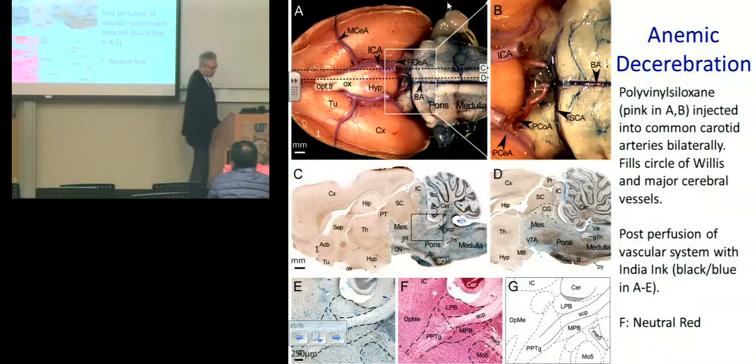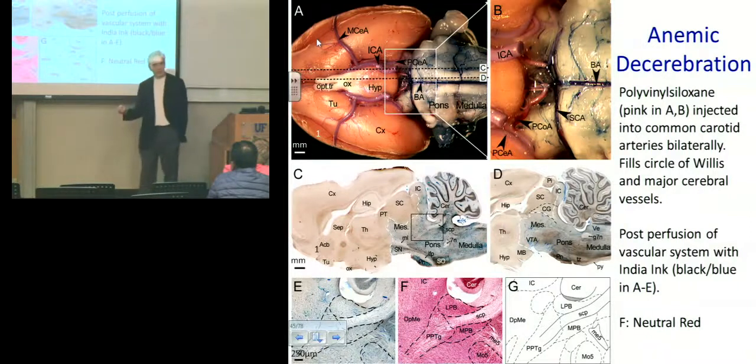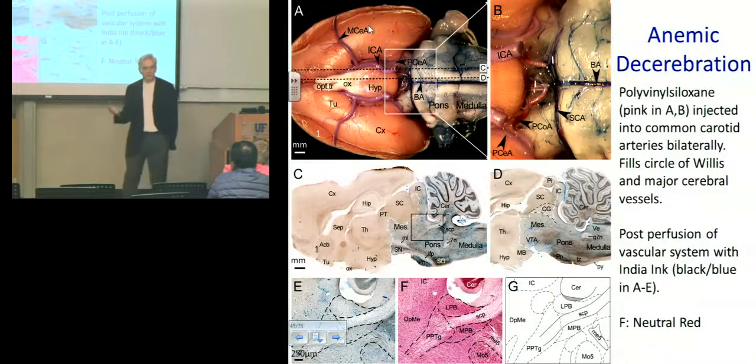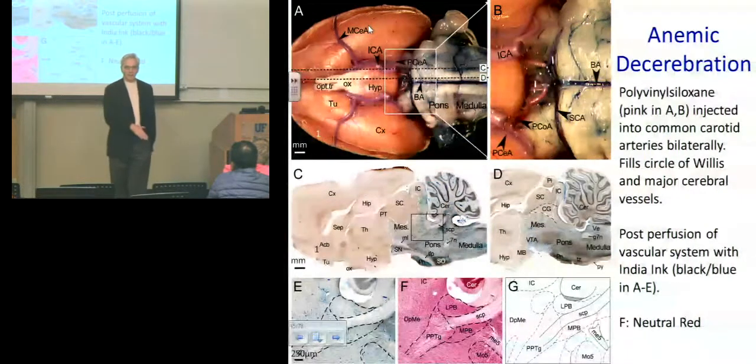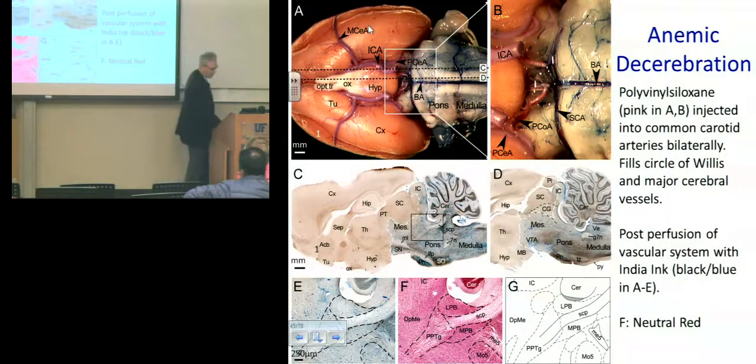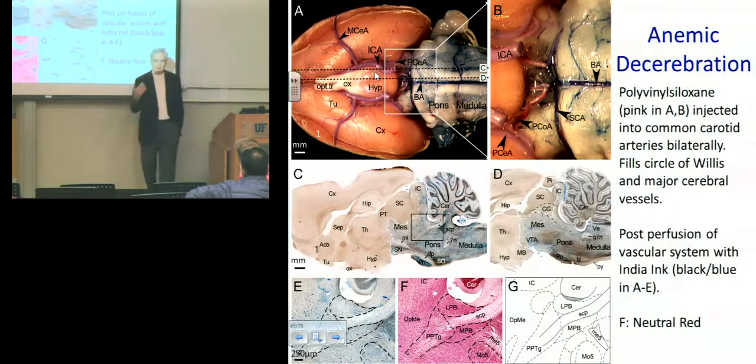The pink means we've got polyvinyl siloxane, and more importantly, for the pink part of the cortex here, when you do the post-experiment perfusion of the animal, the perfusion doesn't get to the cerebral cortex, and so it doesn't wash out the red blood cells. So the pink is the red blood cells left behind. So the forebrain, including the hypothalamus, which is right here, is nice and pink, and you don't get a perfusion of the hypothalamus.